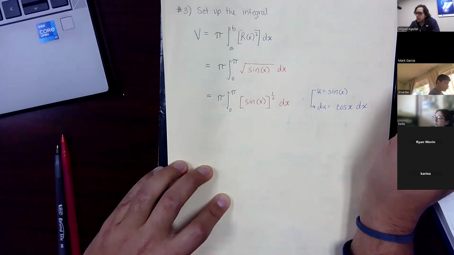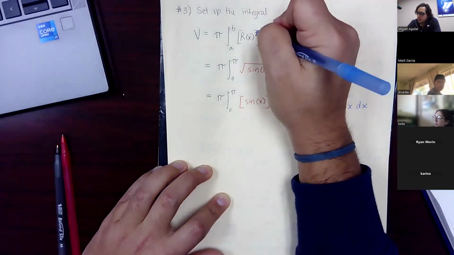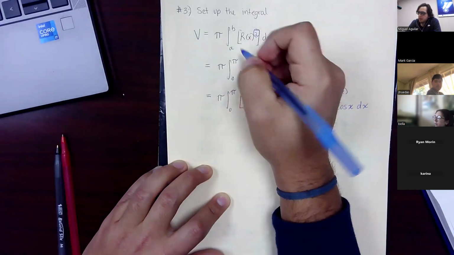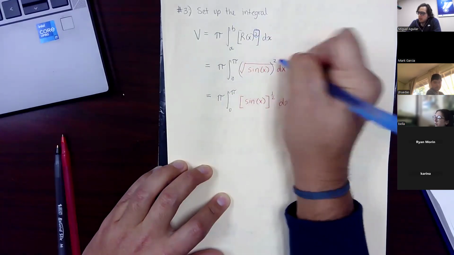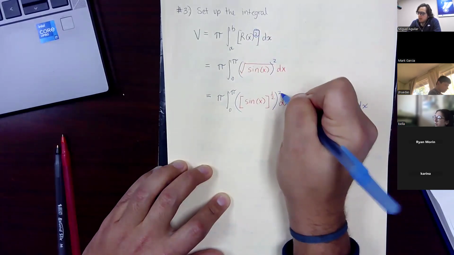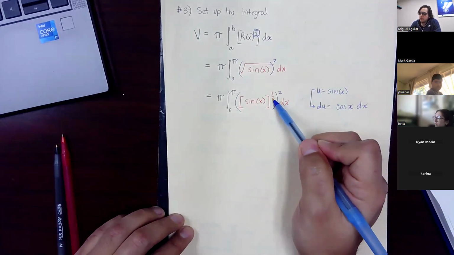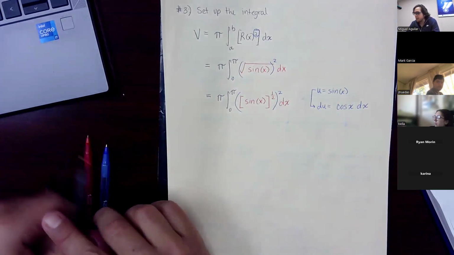But we don't have a cosine in our function. So how are we going to approach this? Oh, there it is. I forgot about this square, right? We're squaring this. And so the square times this 1/2, that's going to help us right there, right?